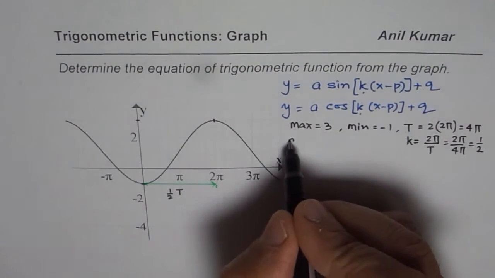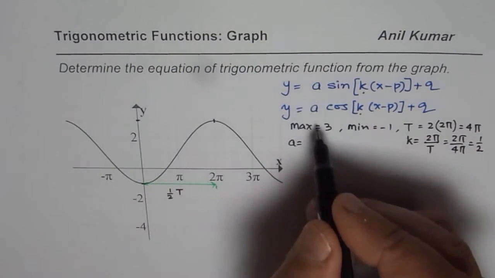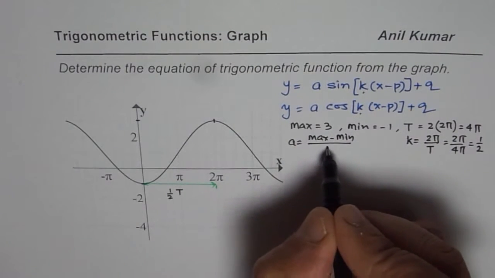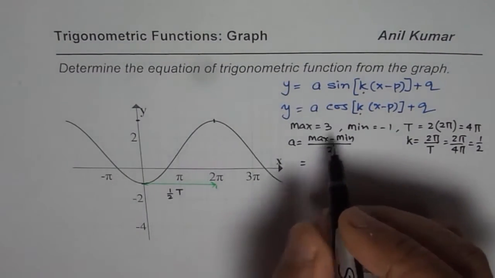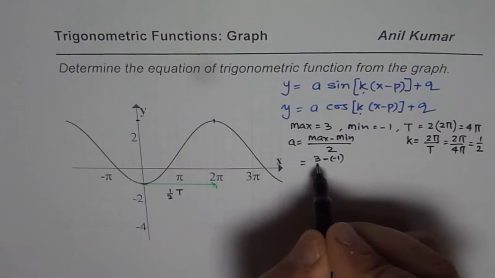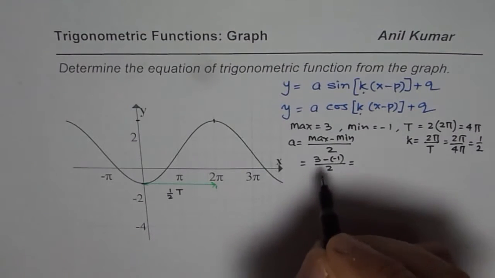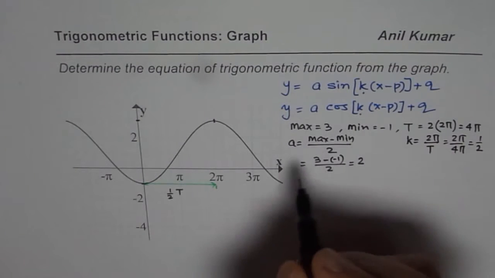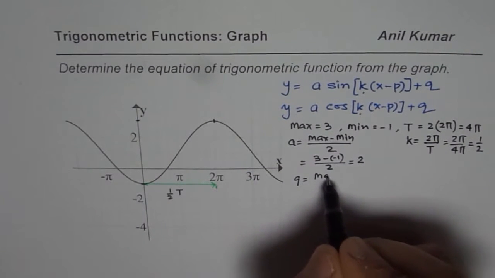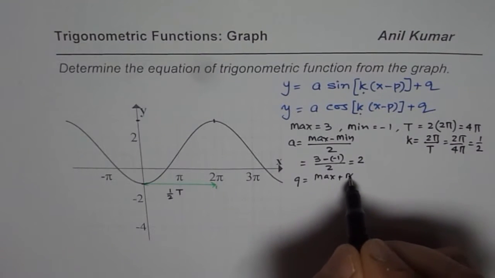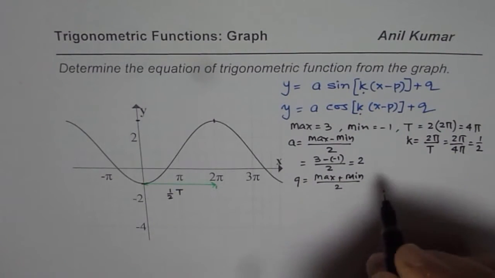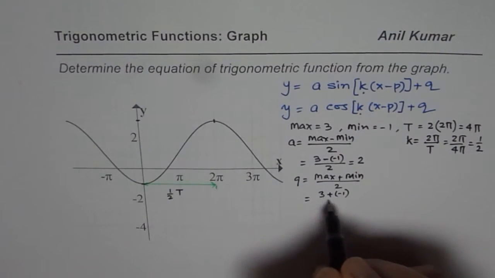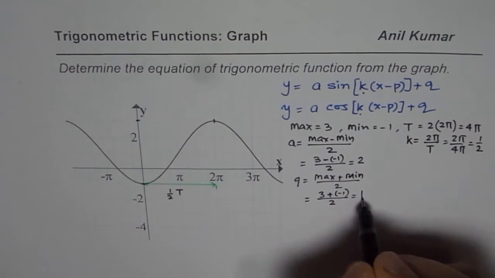The amplitude A can be calculated as the difference of maximum and minimum divided by 2, so in this case it is 3 plus 1, which is 4, divided by 2 is 2. The axis q we can calculate as the average value, maximum plus minimum divided by 2. In this particular case it is 3 plus minus 1 divided by 2, which is 1.